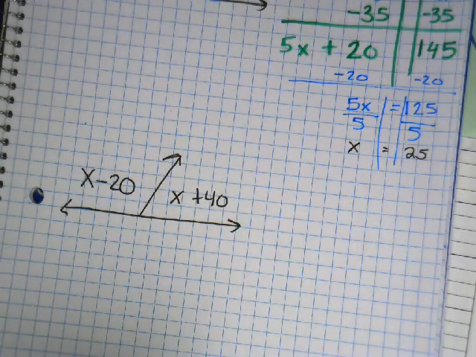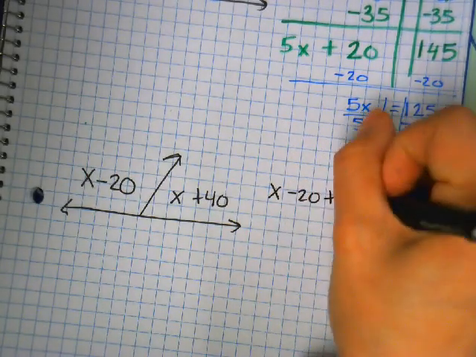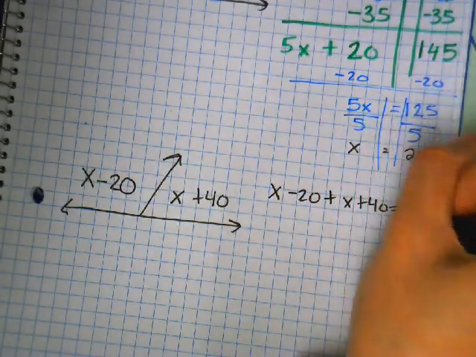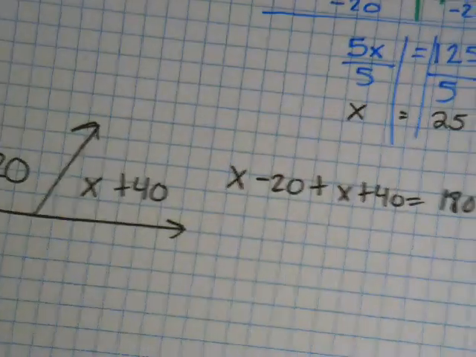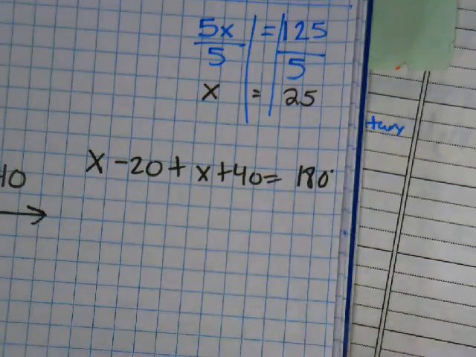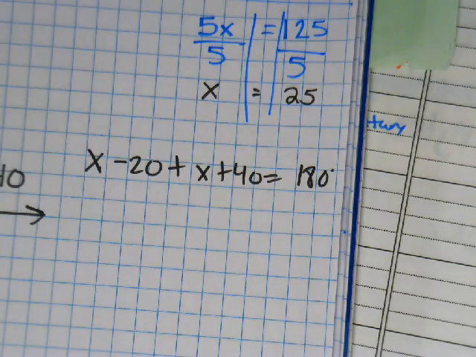X minus 20 plus X plus 40 equals 180. Okay, so this is the first part. Can you write that and make it equal to 180? So that's your first step. Whatever I give you, you just write it down in a straight line and set it equal to 180. So whatever I give you, write it all the way across.